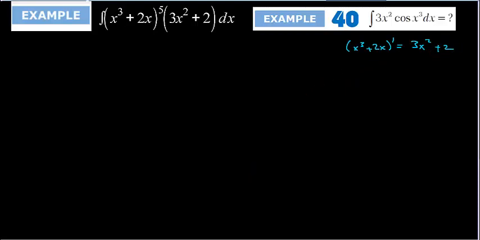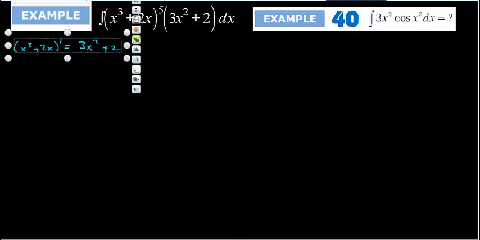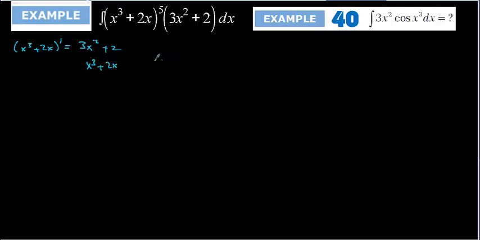Then if we choose u as x cubed plus 2x, then 3x squared plus 2, we are always going to add dx in our derivative operation here. Then dx is equal to, on this side we have du, and this is u to the power of 5.